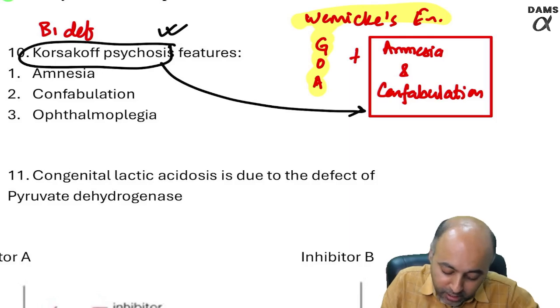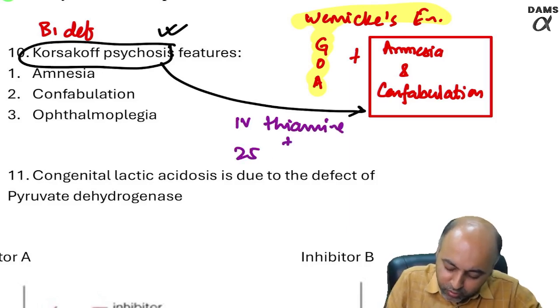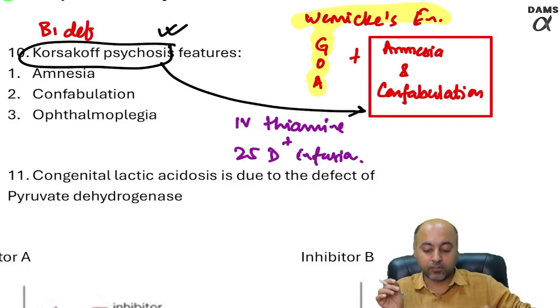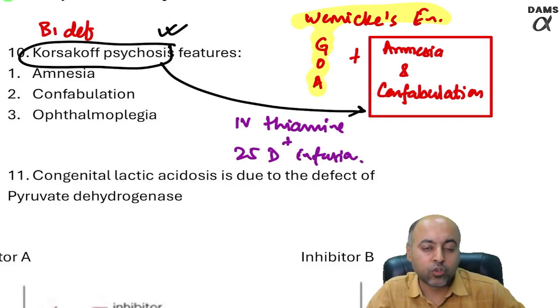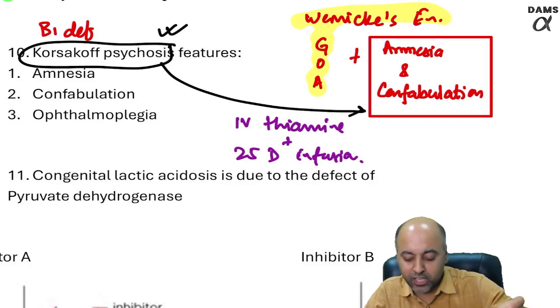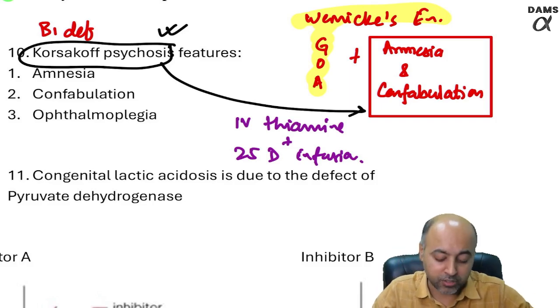For Wernicke's and Korsakoff, the treatment is IV thiamine. And if they have hypoglycemia, then you give the 25% dextrose infusion as well. Okay, so global confusion, ophthalmoplegia, and ataxia. Along with that, you can have amnesia and confabulation.